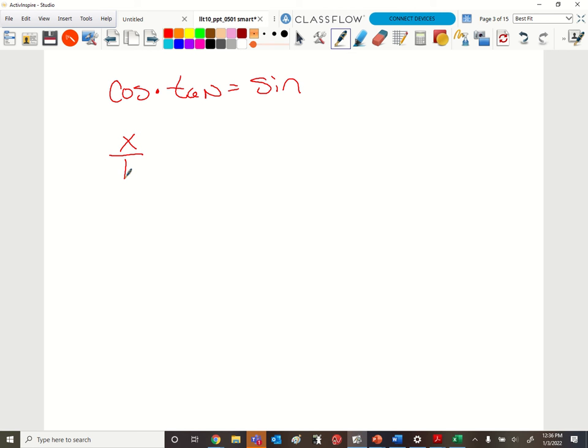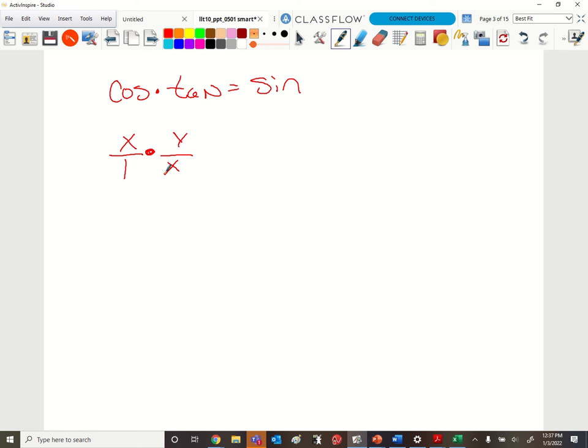Because the R value is always 1 when we're dealing with the identities. Times, now what do we say tangent is? Y over x. So watch this. It's y over x.